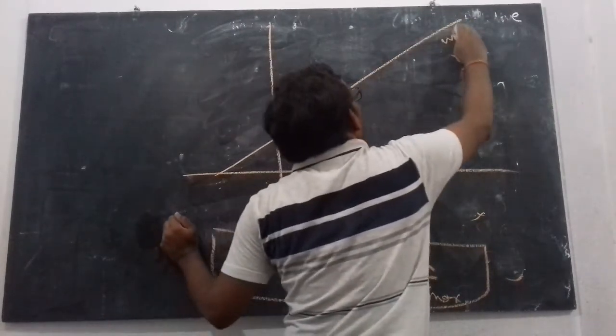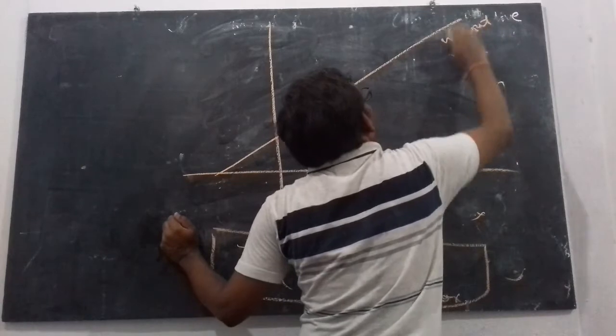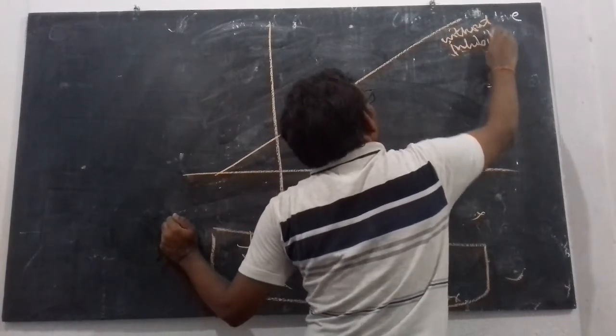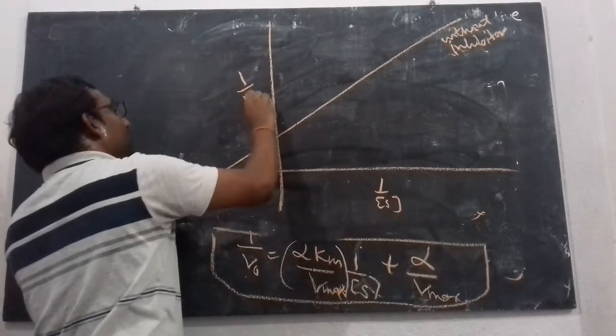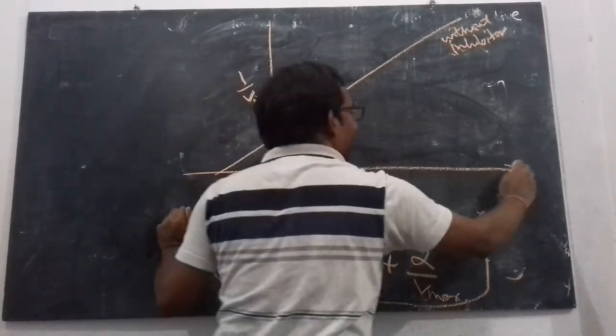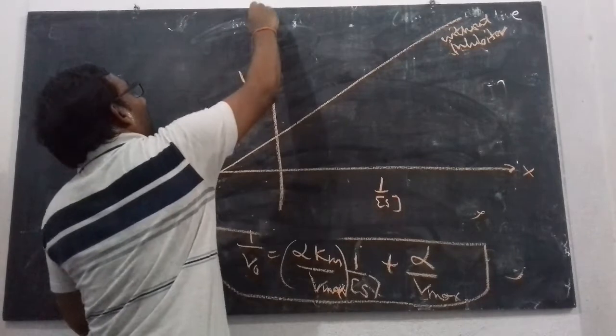This side is 1 by S and the y-axis is 1 by V naught.